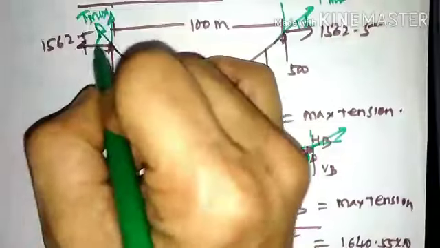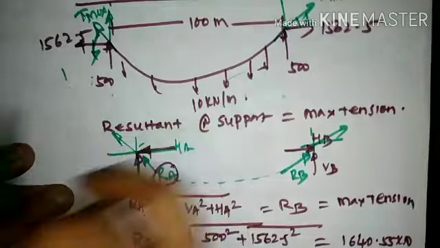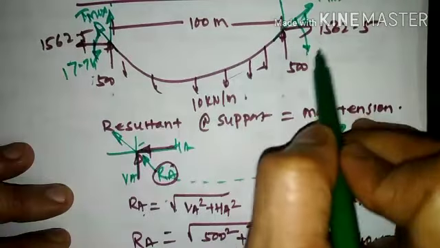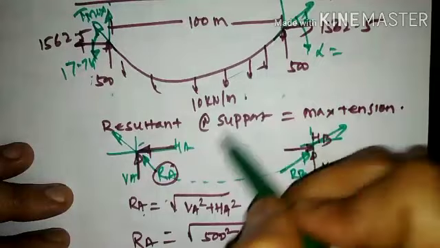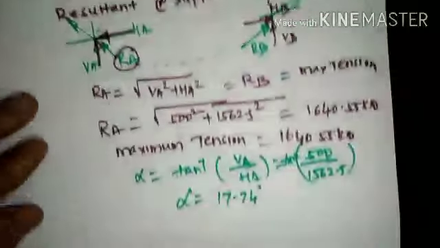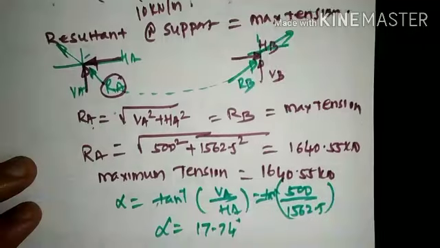So the direction of the maximum resultant force will be 17.74 degrees, and the direction of maximum tension force will be 17.74 degrees. So these are nothing but the forces that have been available at A and B, and those are nothing but the maximum tension force.